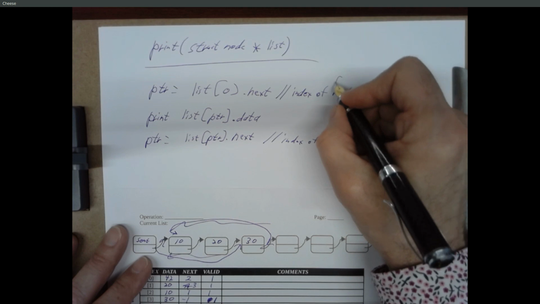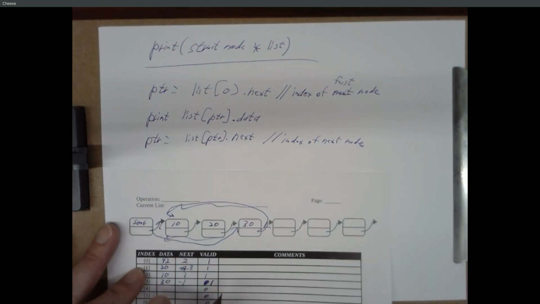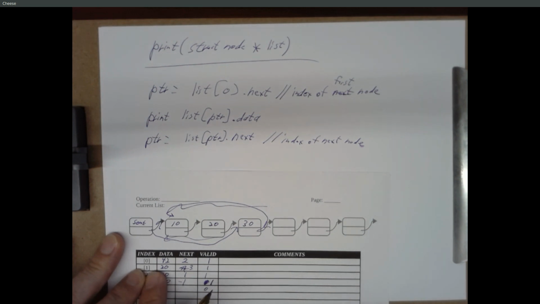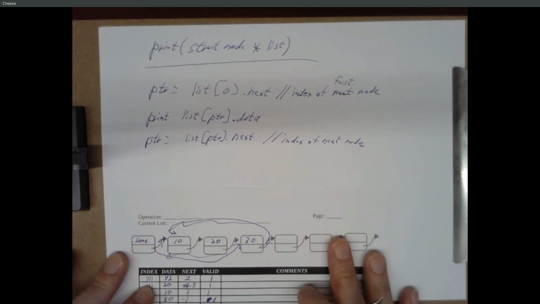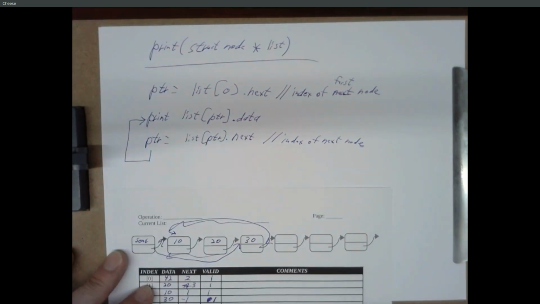So now pointer is a 1. That's the index of this 20. And at this point, I can just go back up here, print out that node's data value, and then change pointer to where that's pointing.